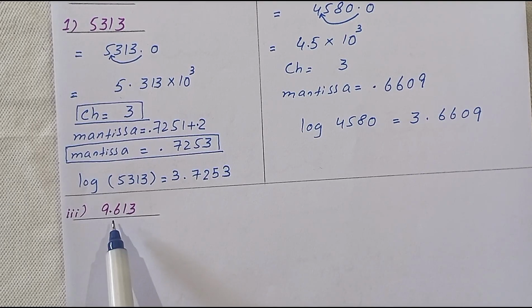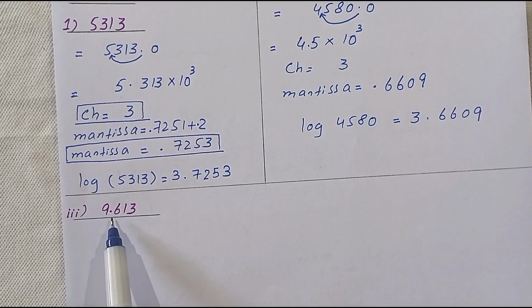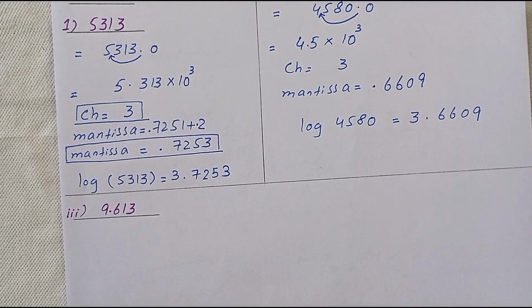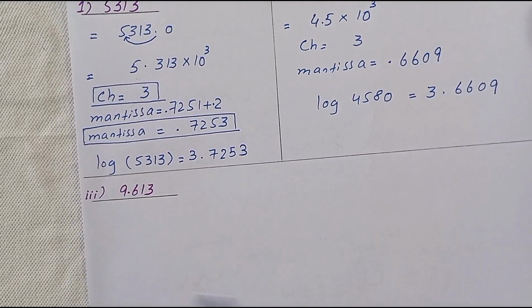So here the decimal is already after a non-zero number at its reference position. What is the reference position? A position after the first non-zero number, that is between 9 and 6. So in that condition, the characteristic always equals 0.